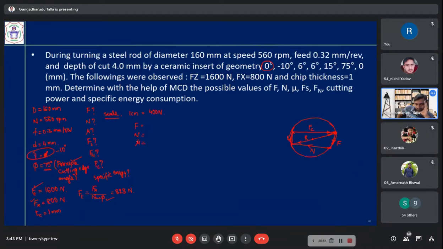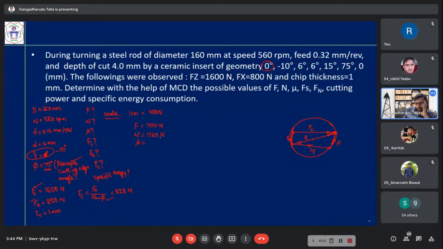F is 700 Newton. So normal force is 1760 Newton.